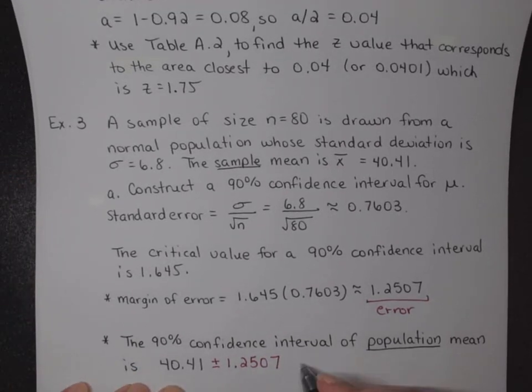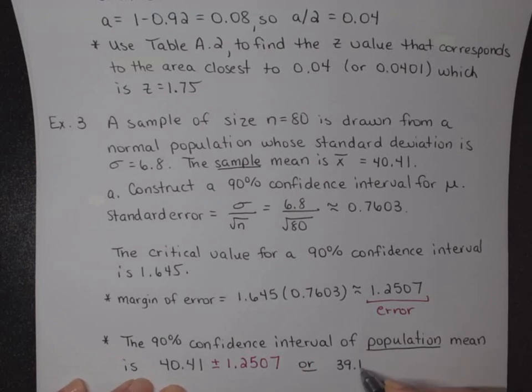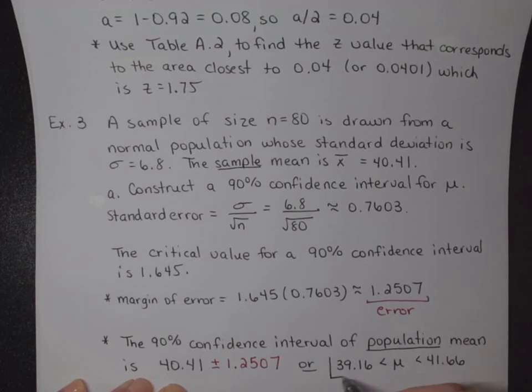Okay, and if you work that out on the calculator, you're going to get something between 39.16, if we round to 2 decimal places, and 41.66.